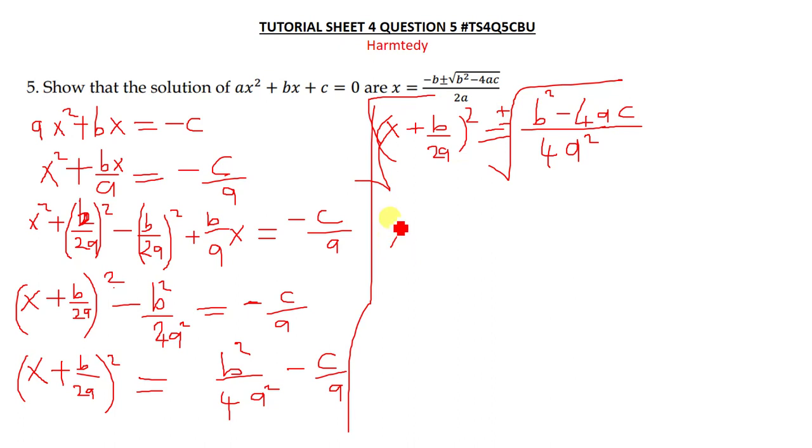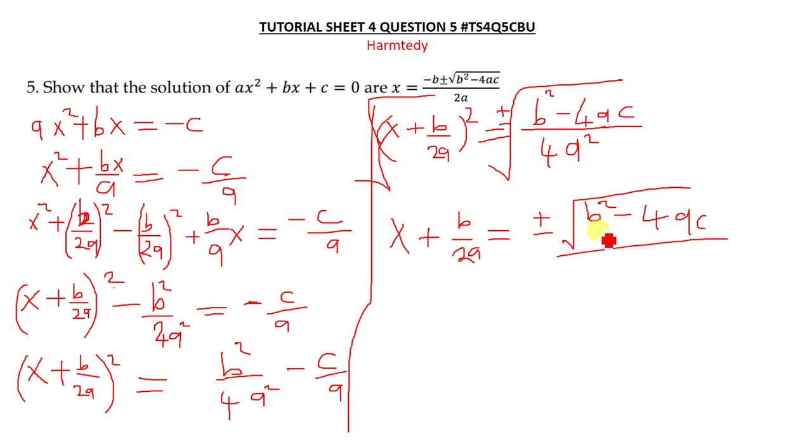We're going to have our x plus b over 2a this side, then this other side will have plus or minus the square root of b squared minus 4ac, then everything over 2a when we square root the denominator.